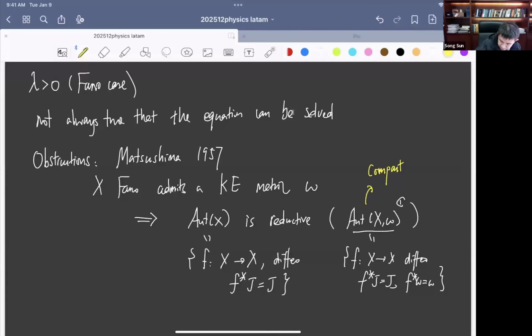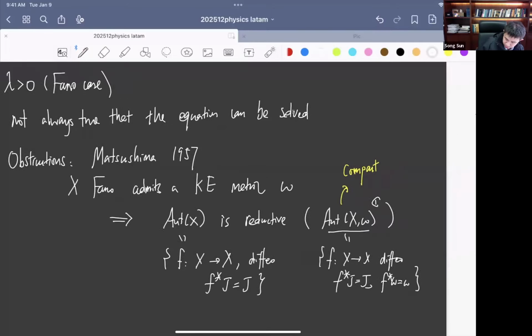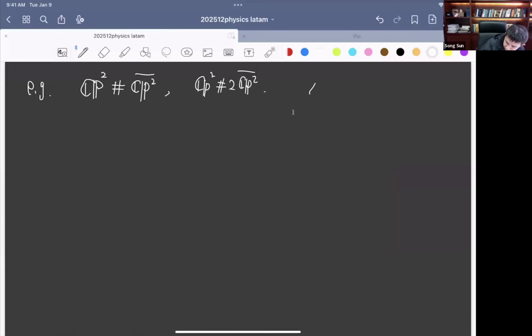So certainly there are many manifolds where this is not true. For example, a classic example: if you take CP2 and blow up at 1 point or 2 points, then the automorphism group is not reductive.